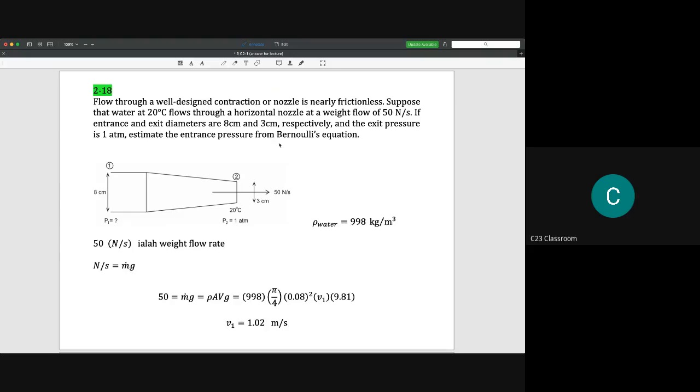So in this question, they ask you to calculate the entrance pressure, but it gives the condition of using the Bernoulli equation. So the hidden idea here is that it is not compressible flow.